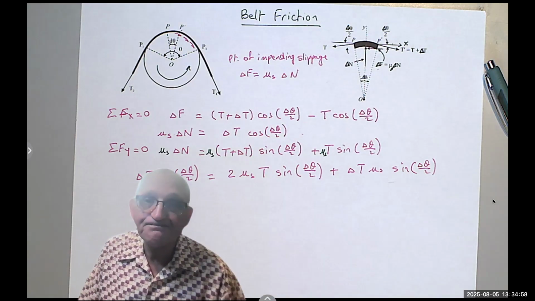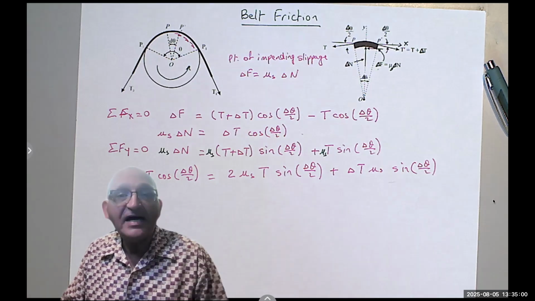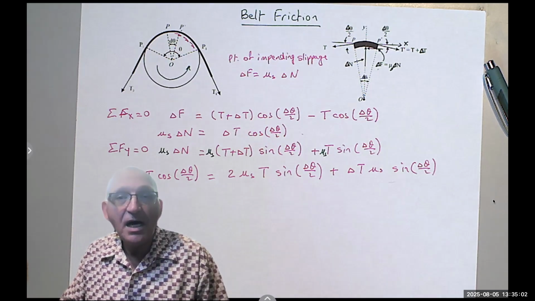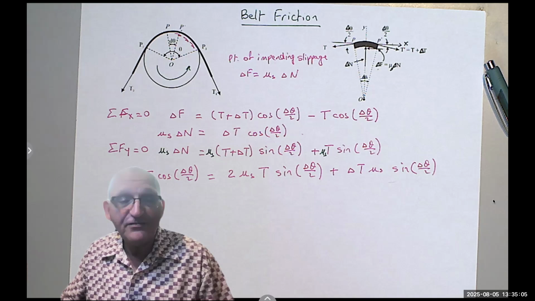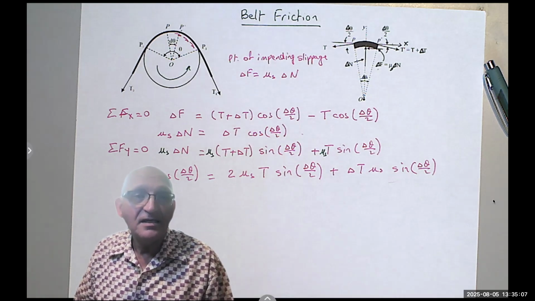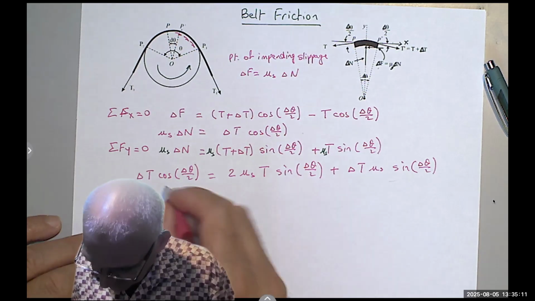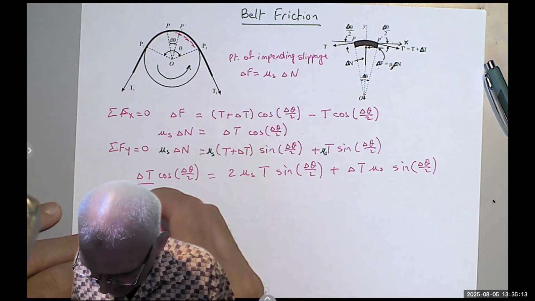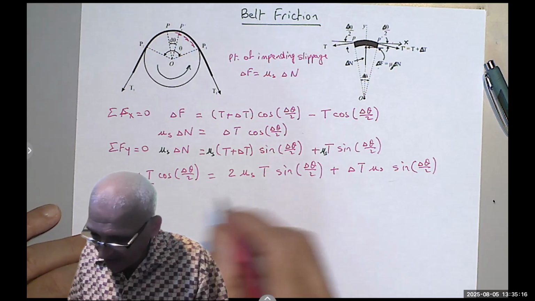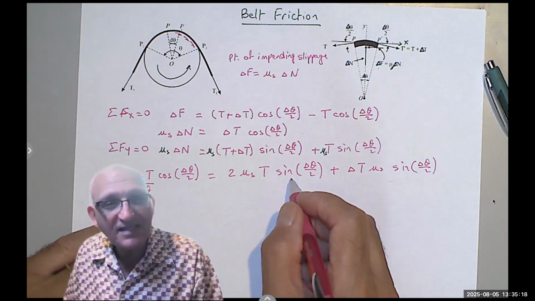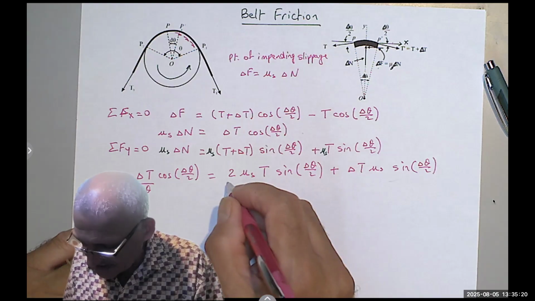So far, so good. I'm going to divide everything by delta theta. I'm going to divide this by delta theta, and I'm going to make that one a little different. You will see why in a second.